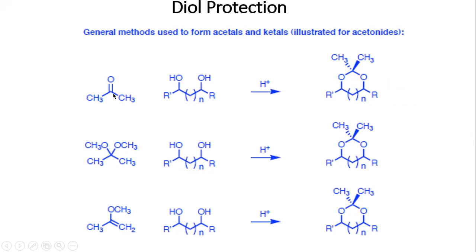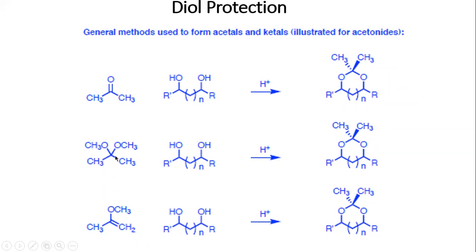You can see for the acetonide, you can just add in acetone, or you can start with the dimethoxy acetal here, which comes from treating acetone with two equivalents of methanol, right? You can add that, and it acts the same way because this dimethoxy group is basically just a masked ketone anyway. So the chemistry is basically the same, right? It just goes through a proton transfer, then an elimination, and then the addition.